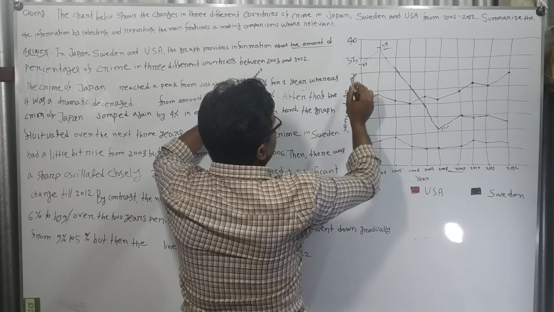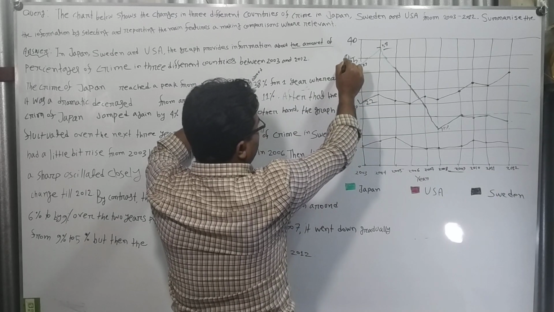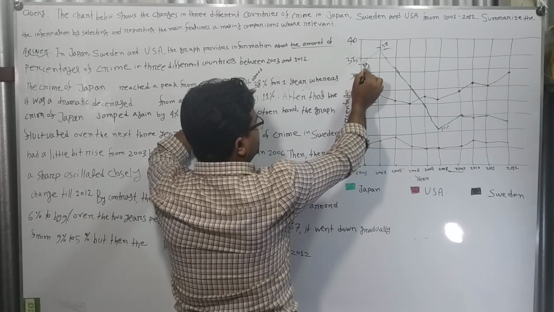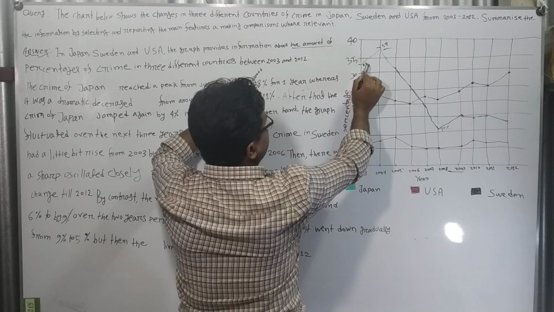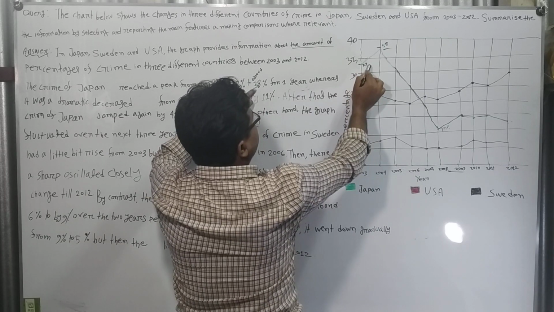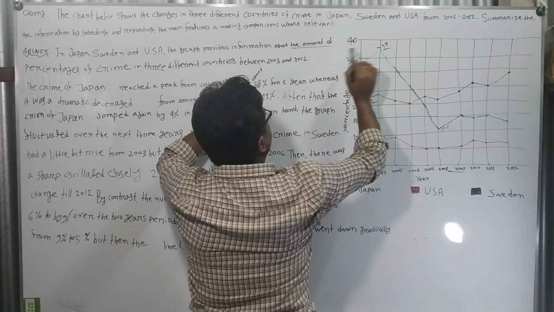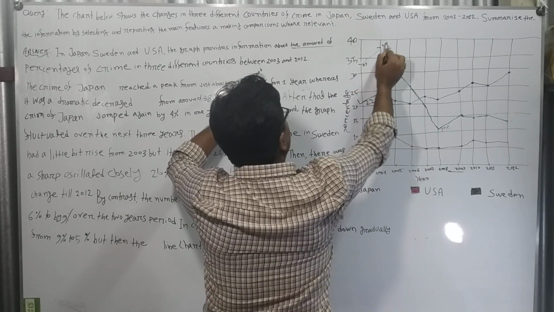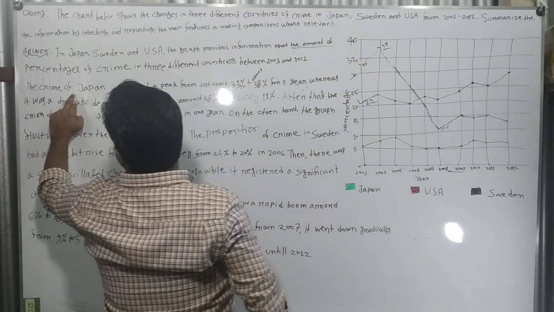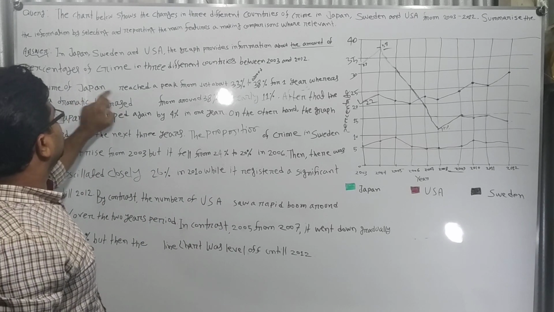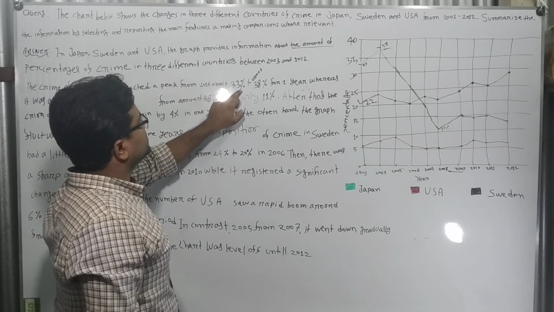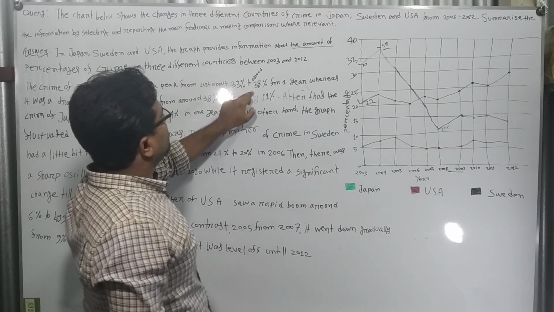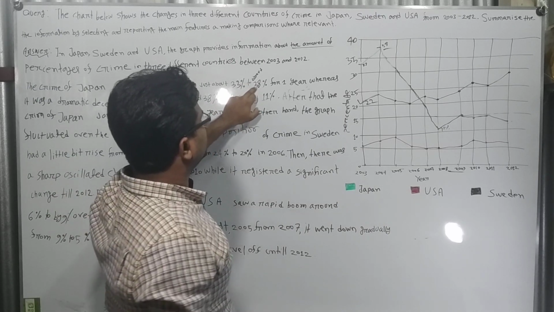Here is Japan. 30% to 35% is the middle. You can write 33 to 38%. So the crime of Japan reached a peak from just about 30% to about 38% for 1 year.